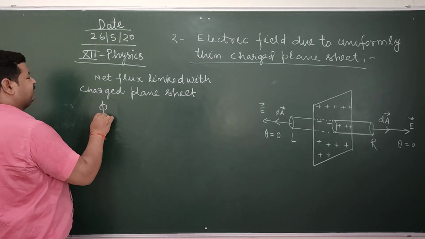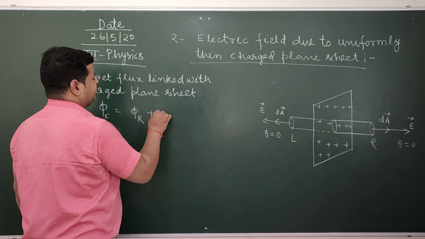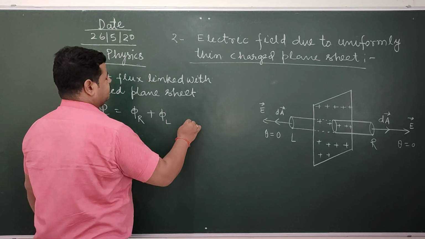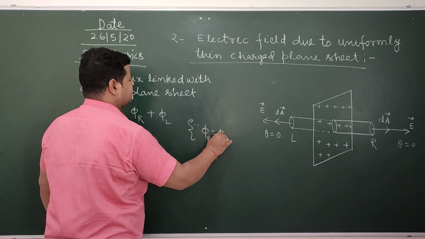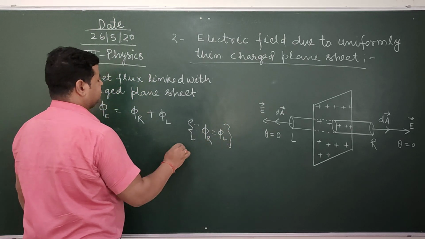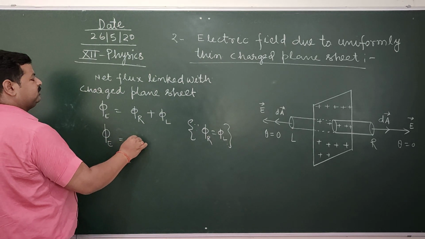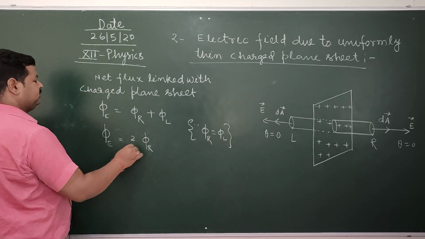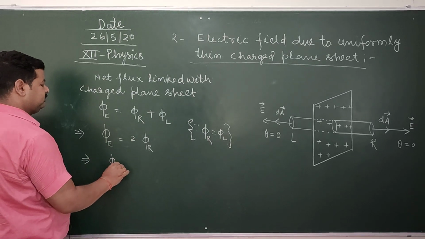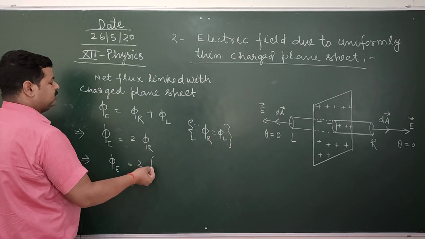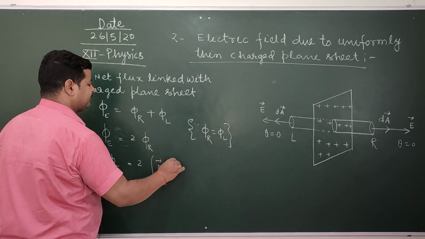So we write phi E is equal to phi R plus phi L. We observe that phi R is equal to phi L by the calculation. So we write phi E is equal to 2 times phi R, that is 2 times the closed integral of vector E dot d vector A.